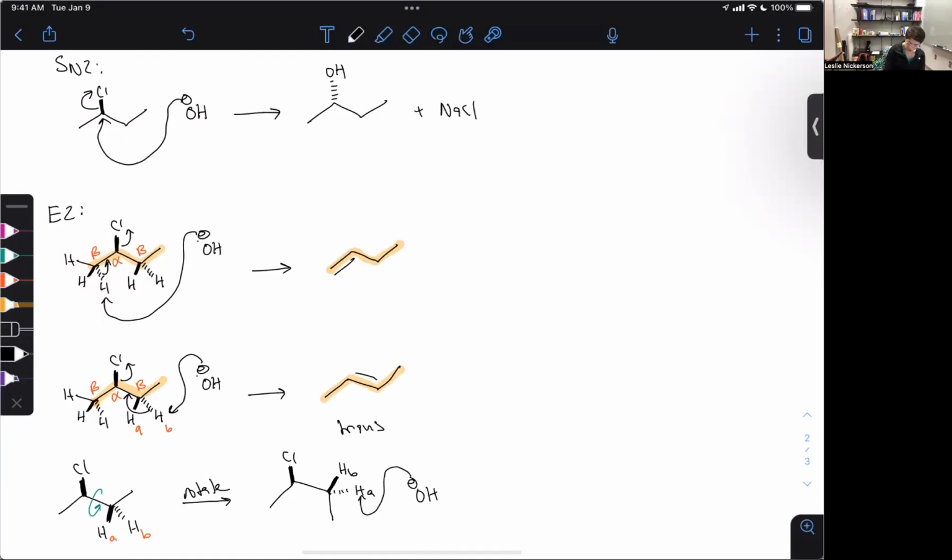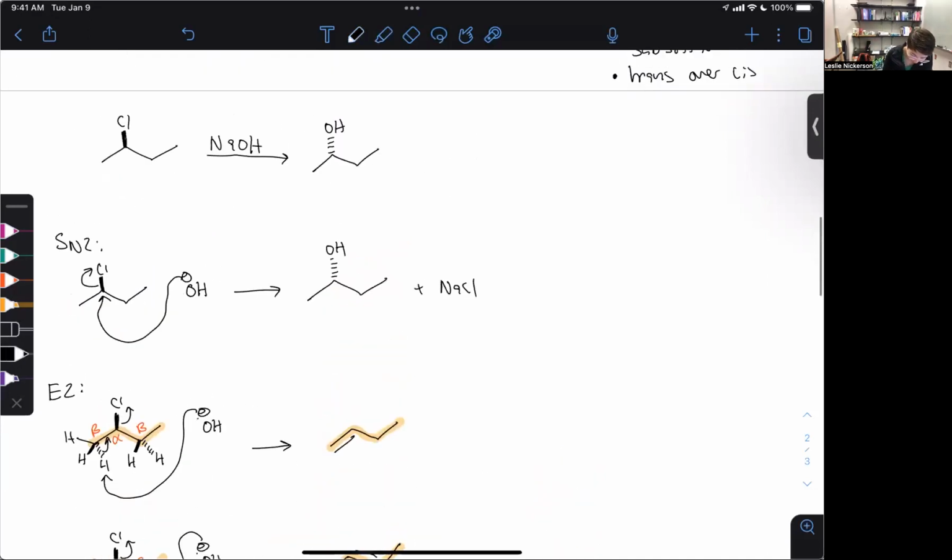So we go grab HA, form our pi bond, kick off chlorine. And again, we're going to keep the backbone of the carbon chain the same as how we left it, how we did the arrows on it. And now I've got my pi bond there. Okay, so this is going to be the cis. All right, so I have 3 different alkenes.